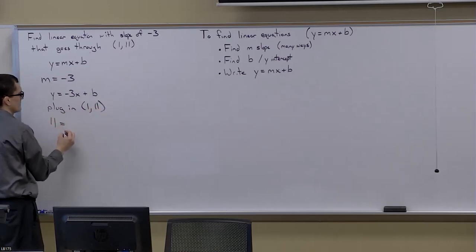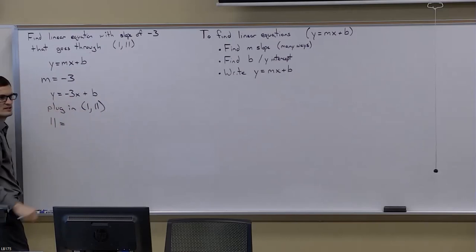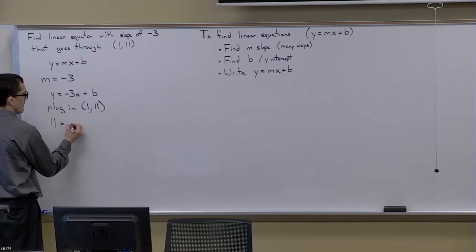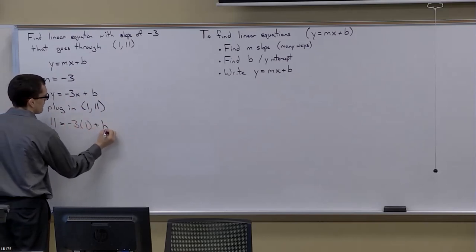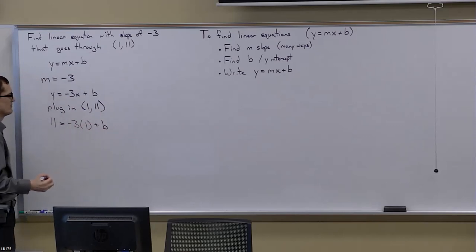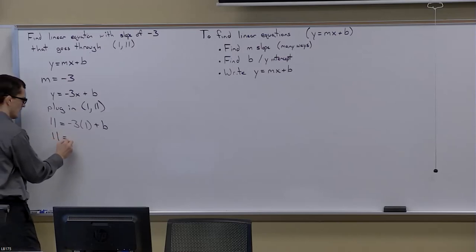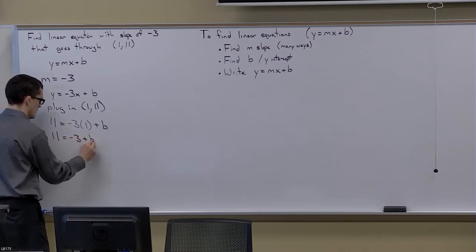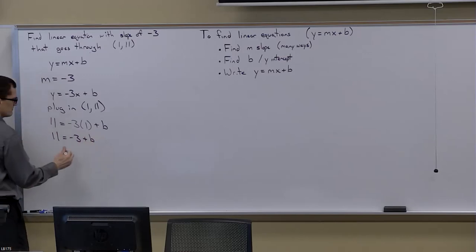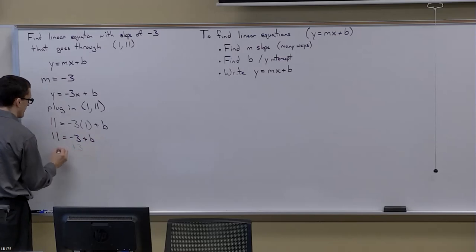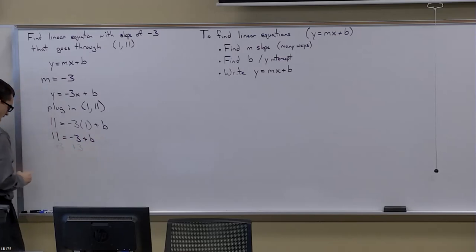Now be careful here, some people will flip-flop the x and the y. But remember, 1 is the x value in the Cartesian coordinate system. 11 is the y value. Once that's all simplified, I can solve for b.